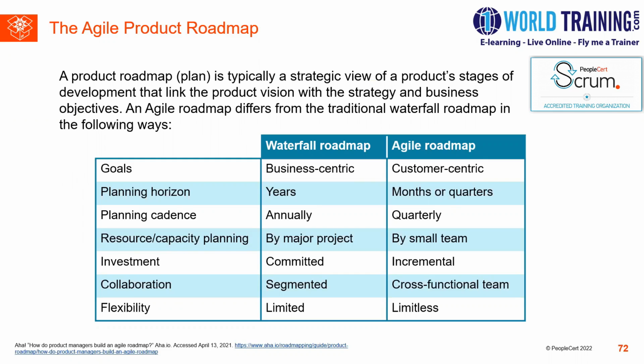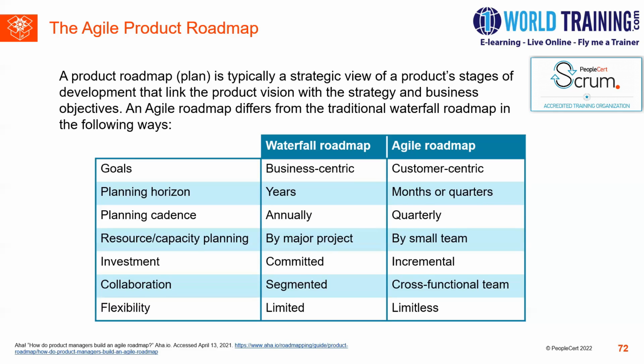So let's try to do the comparison. A product roadmap, as we call out, is typically more of a strategic view for the product in various stages of the development. And that basically links the product vision with the strategy and the overall business objective.